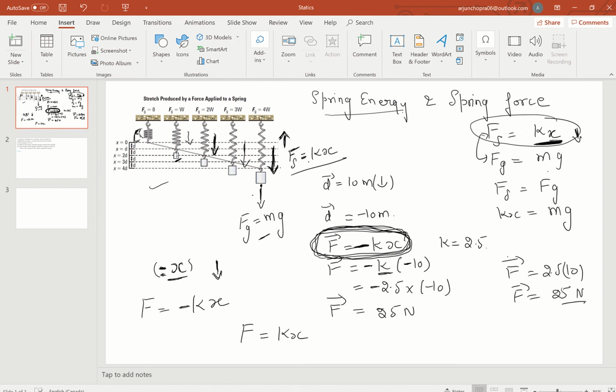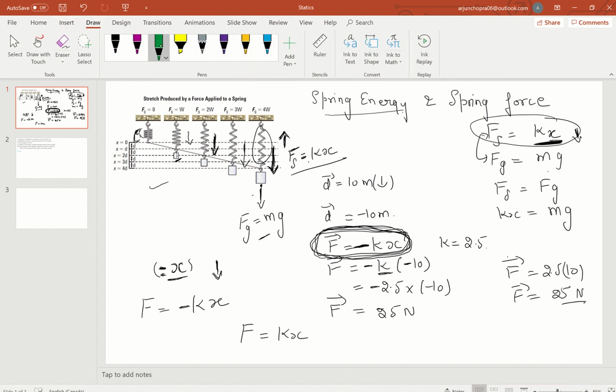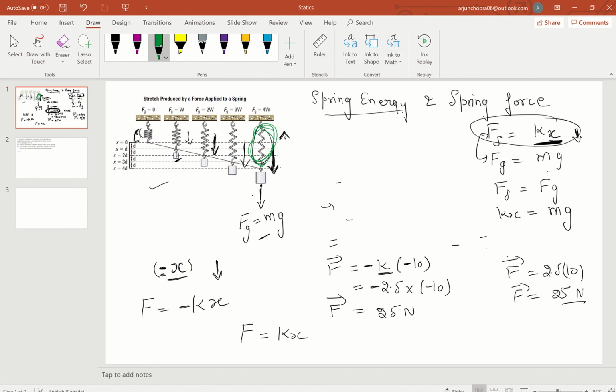Now because this spring is moving in the downward direction, there is some energy which also gets stored in the spring. There is some amount of energy which is going to get stored in the spring. We can find that energy value by using the formula spring energy Es equal to half Kx squared.